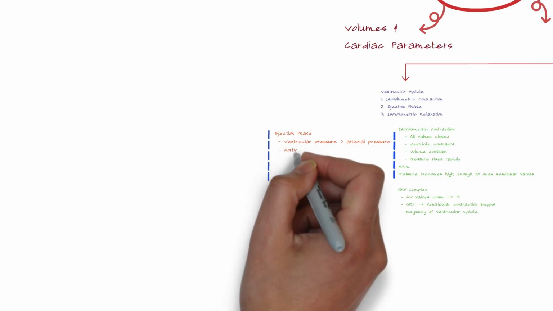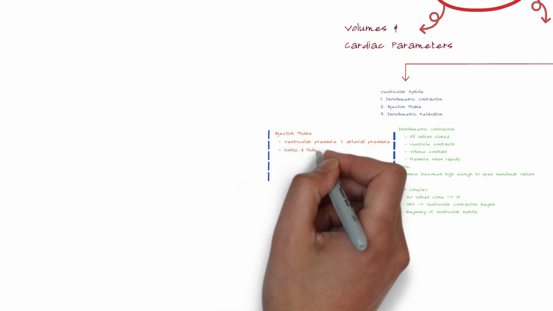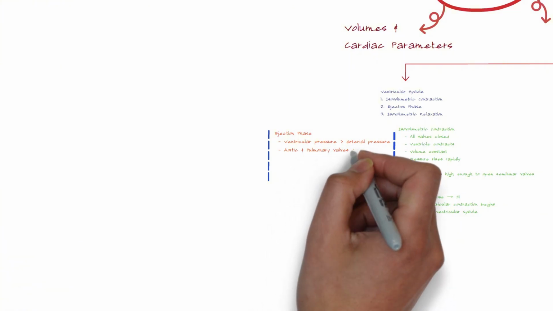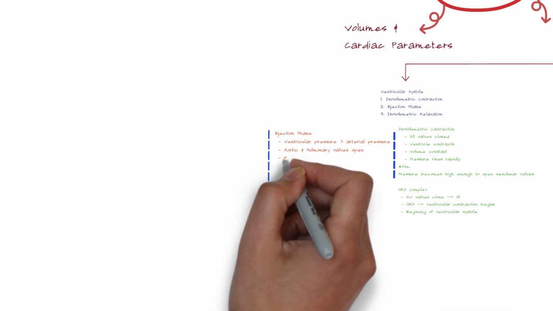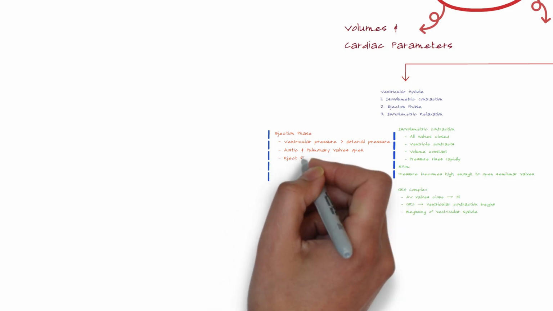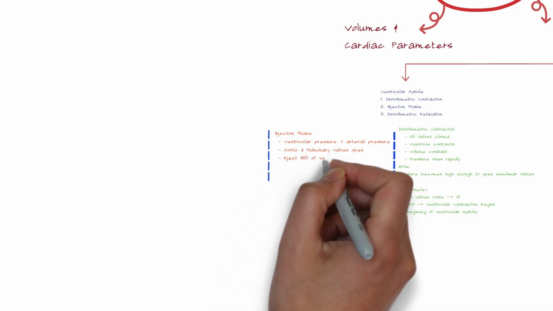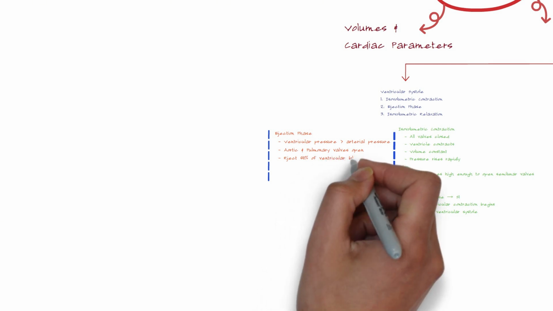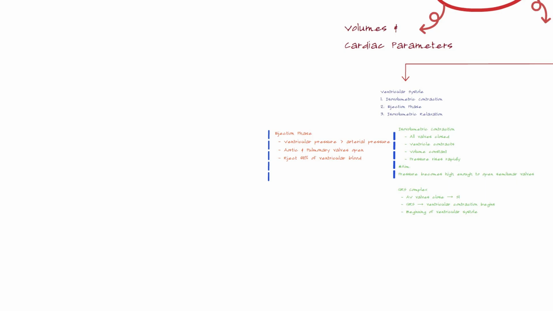The blood is ejected from the ventricle to the vessels. About 60% of the blood in the ventricle is ejected to the vessels, starting fast, and then the ejection becomes slow with time.